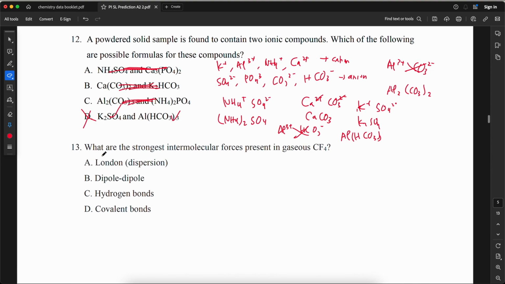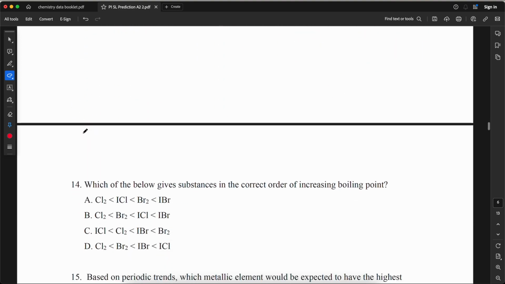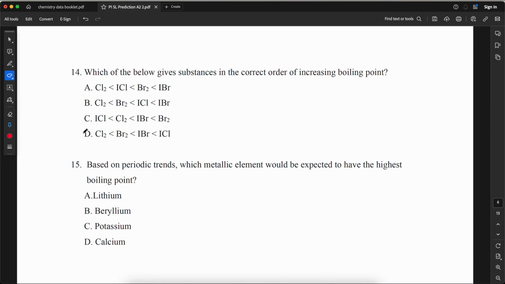What are the strongest intermolecular forces present in gaseous CF4? In CF4, the dipole moments cancel out, therefore it's nonpolar and it has London dispersion forces. Which of the below gives substances in the correct order of increasing boiling point? The key here is the greater the molecular mass, the greater the London dispersion force.